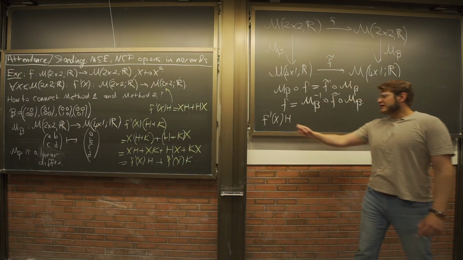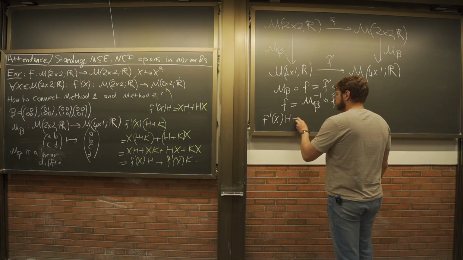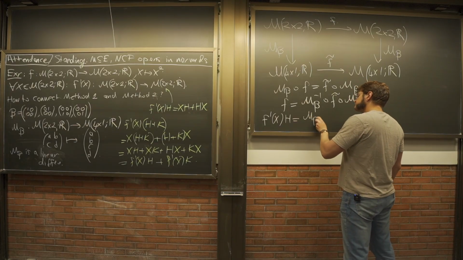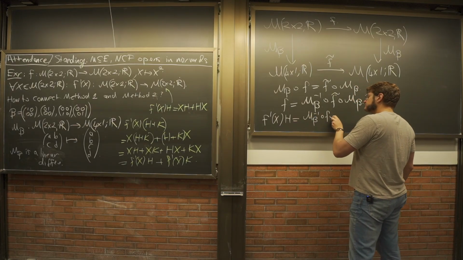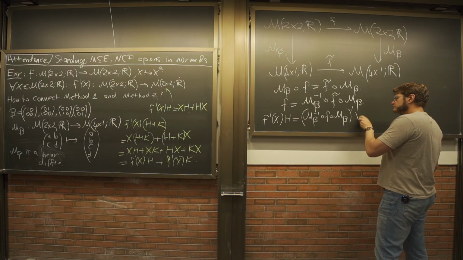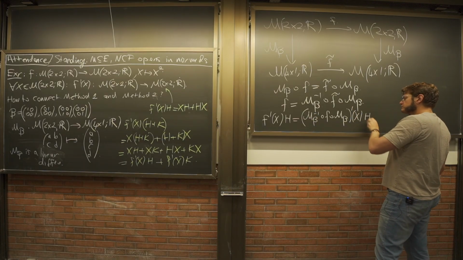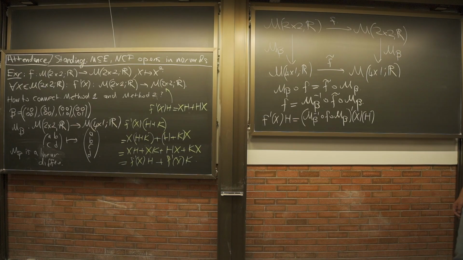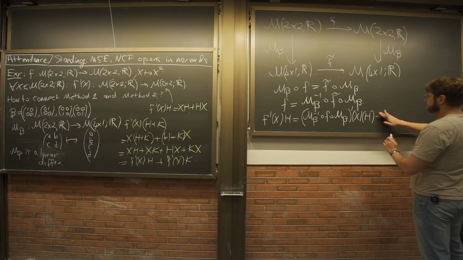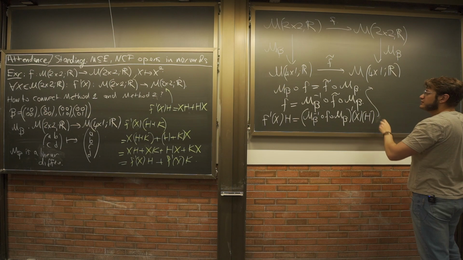Okay. Say I'm trying to compute this. How do I compute this? I'm going to replace, instead of f, this composition. By the chain rule, I can distribute. We'll continue here.